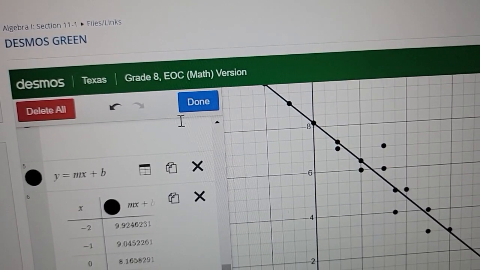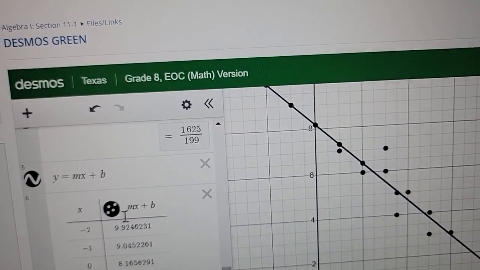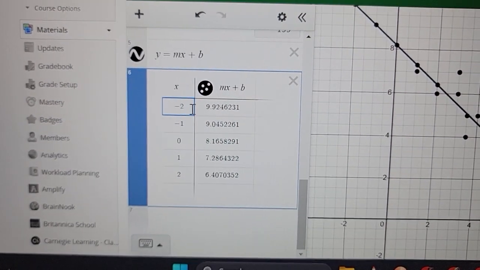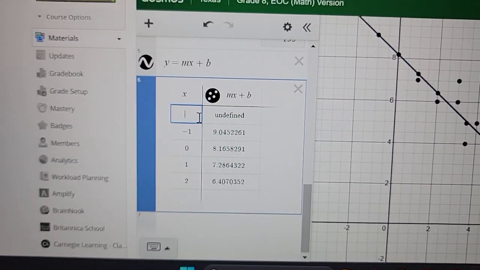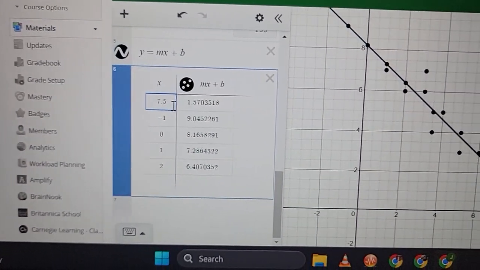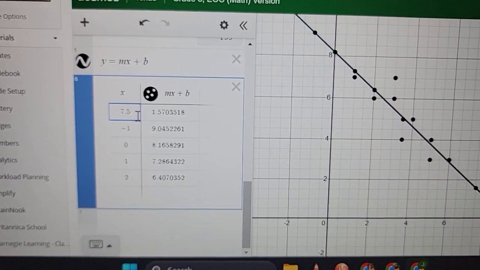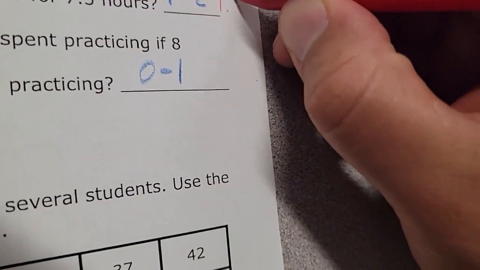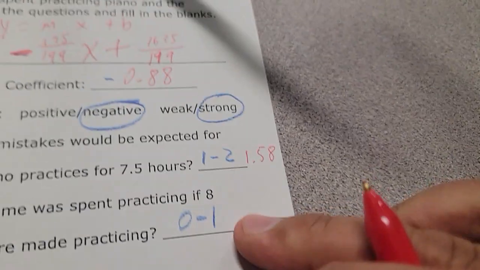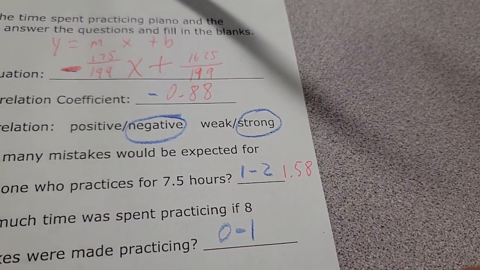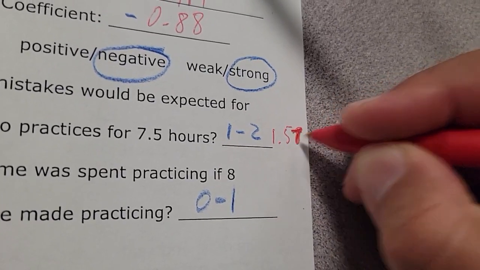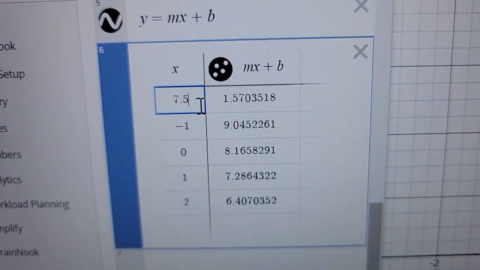So it's asking for around 7.5 hours. 7.5, and it says we're going to have 1.57 mistakes. So we're right, look, between 1 and 2. If I round it, guys, it's going to be a 7, because look right here, there's a 0 on the third one.